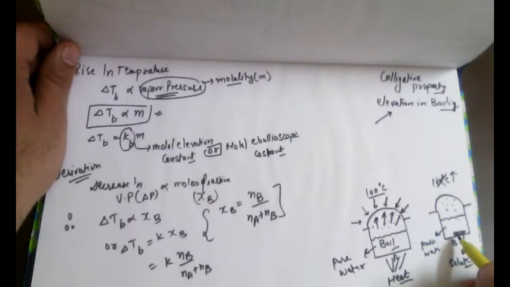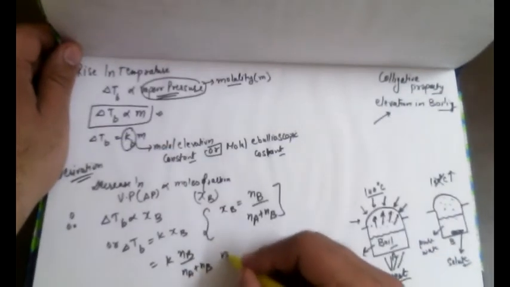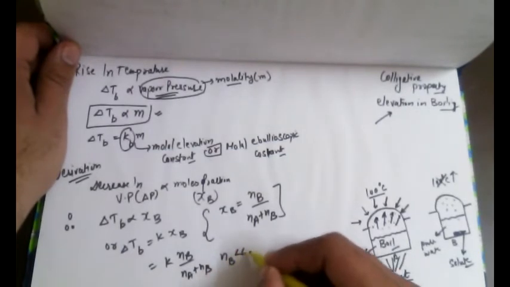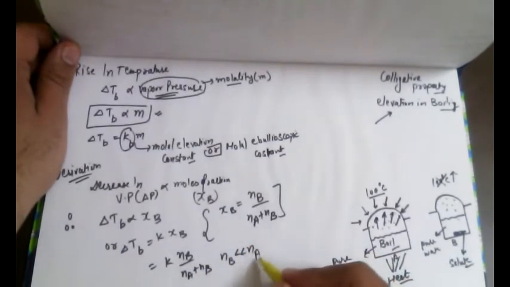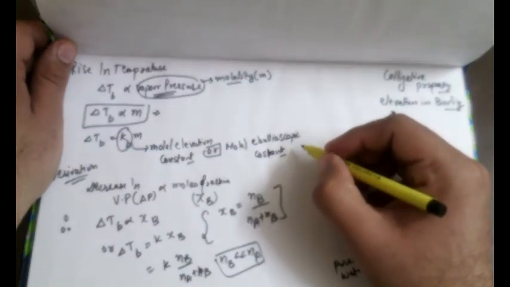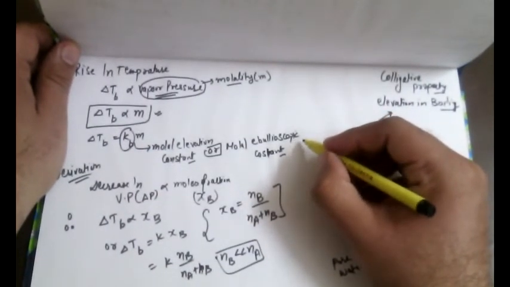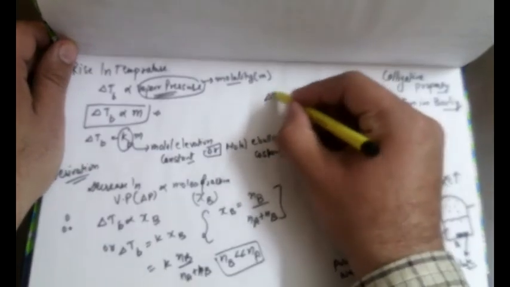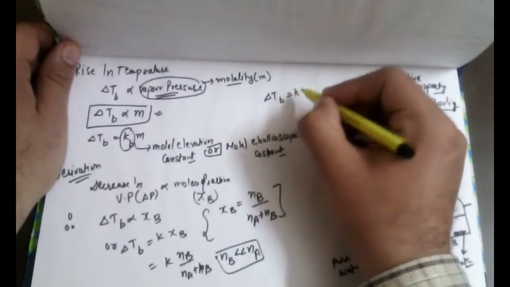So the number of moles of water is much greater than the number of moles of B. Therefore we will neglect NB. So the output will be delta T.